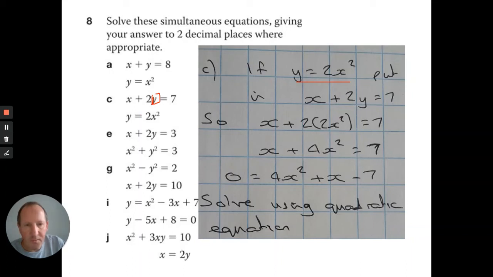So if we look at what that produces: x plus 4x squared equals 7. Again, I can take the 7 over to the other side. So I produce a quadratic equal to 0, and again, solve that using either the quadratic equation or any of the other three methods, whichever one you like.